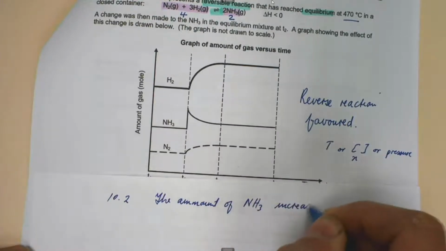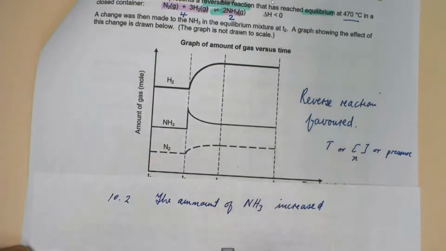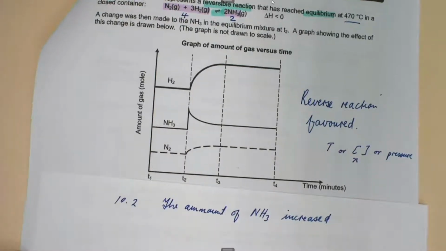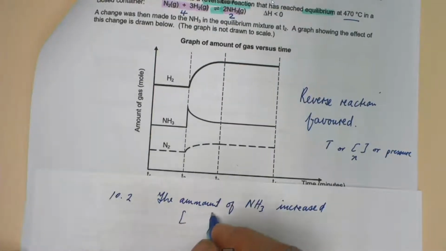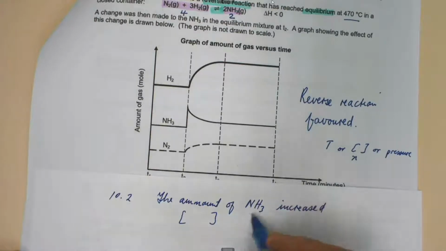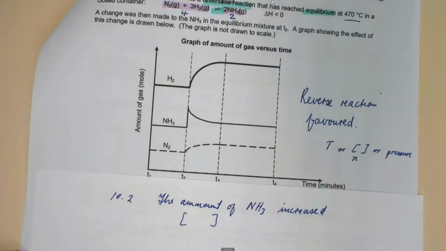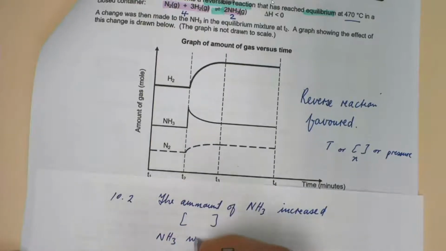So I added NH3 in there, in that closed container. You could have also said the concentration of NH3 increased. Just use the words when you write your answer. It would also have been accepted, concentration, or you could just have said NH3 was added.